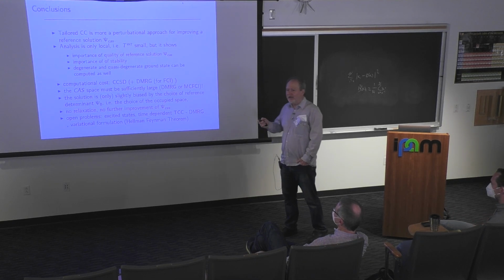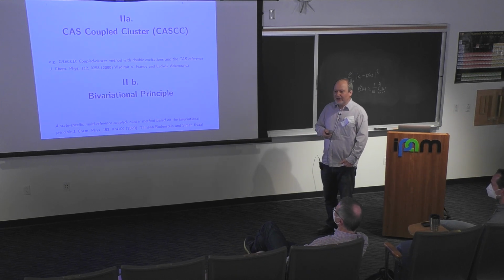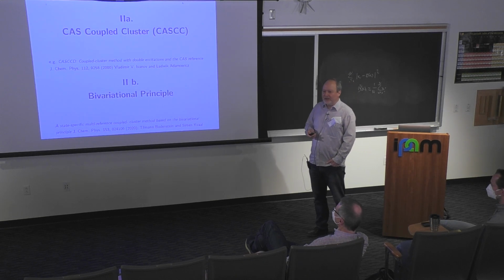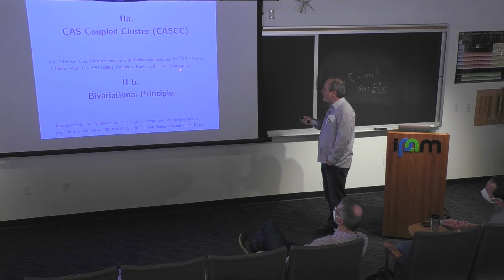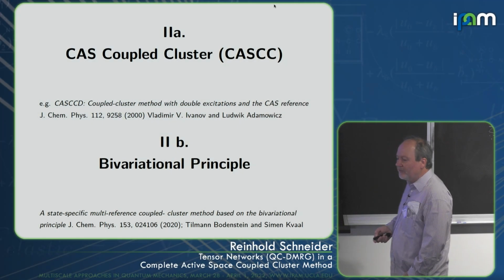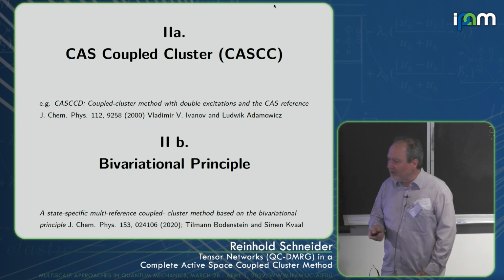For that time, I gave up, and now recently, I think there is some remedy, but it is not implemented yet. And the idea comes from a CAS coupled cluster method, already introduced by Adamowicz, Ivanov, Piecuch, and so on. And it's a well-established method.